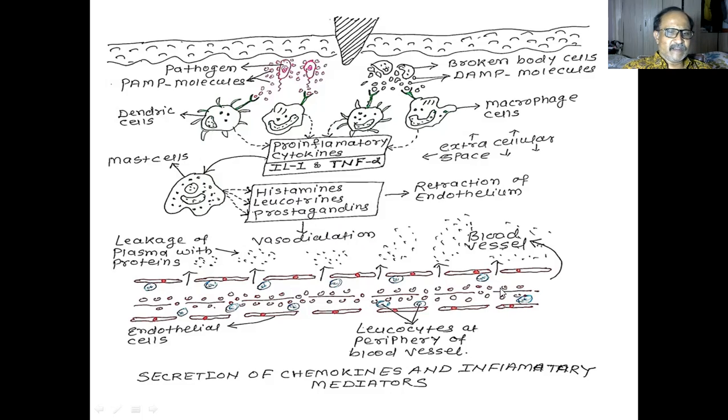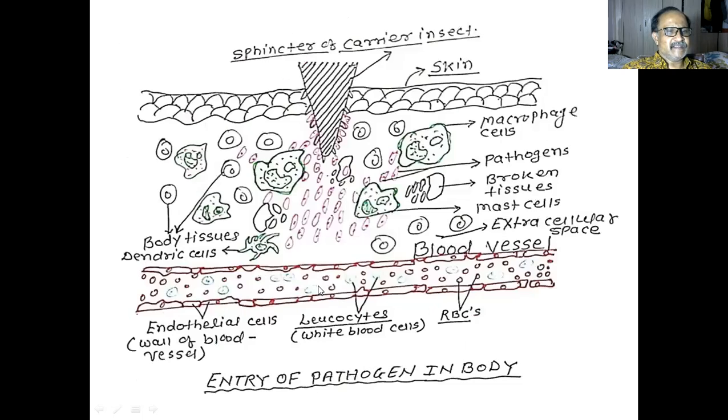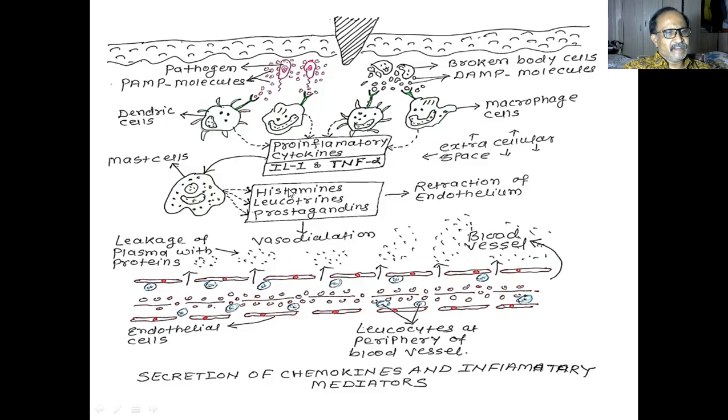See, these blood vessels get dilated. See in the first diagram, this is the normal blood vessel. After secretion of these histamine, leukotriene, and prostaglandins, the blood vessel becomes dilated, means its size becomes bigger.